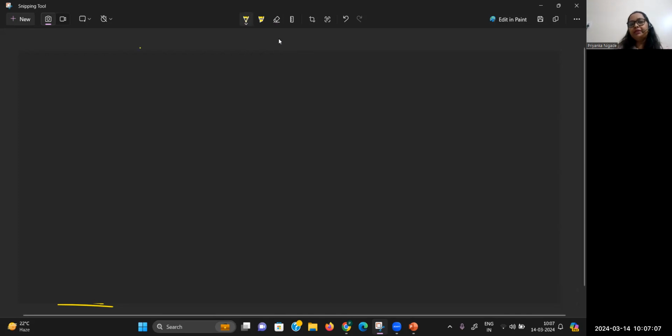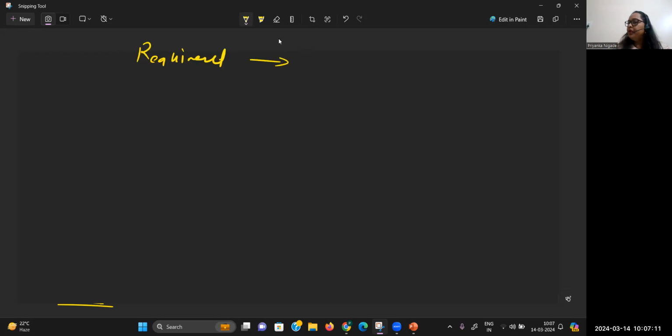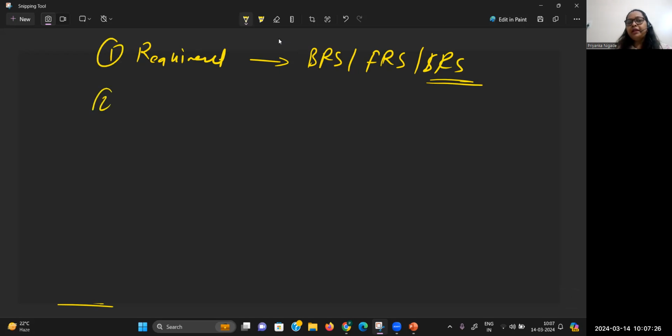Means in the requirement phase, what we have seen, from the BA, requirements get validated, requirements get analyzed, and you will be getting different documents like BRS, FRS, or SRS document. The most common document that we follow is the SRS one. After the requirement gathering phase, we have a design phase. In the design phase, again, you'll be getting design documentation.